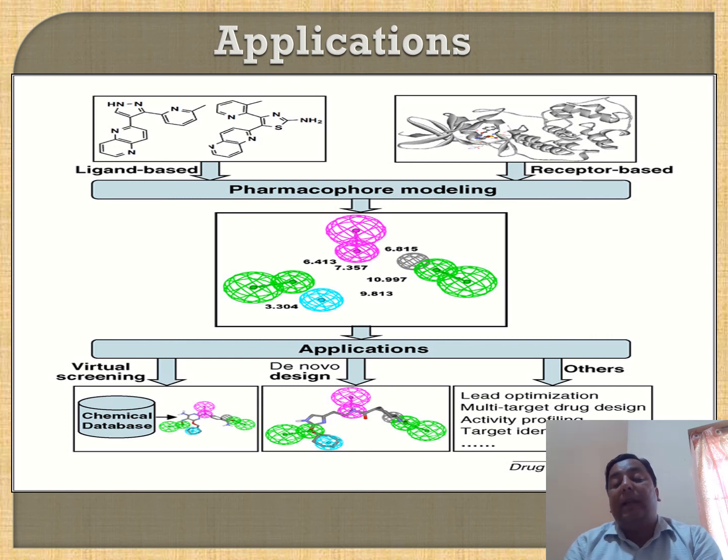Those approaches can also be used for identifying lead compounds, and the lead compounds will have drug likeness properties. Lead compounds means one of the best compounds in the entire studies which we have taken from the pharmacophore studies, right?